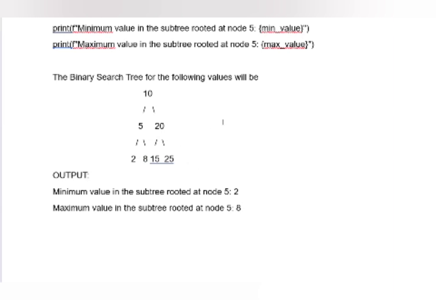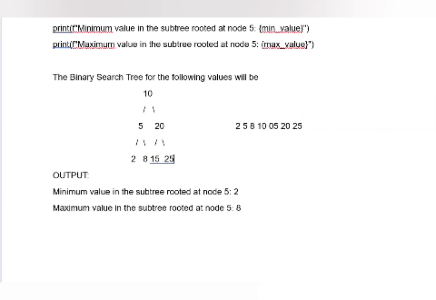Let us write the in-order traversal for this tree. We go to the left subtree, that is the leftmost 2, then parent node 5, 8, 10, 15, 20 and 25. The in-order traversal for the tree will be this.